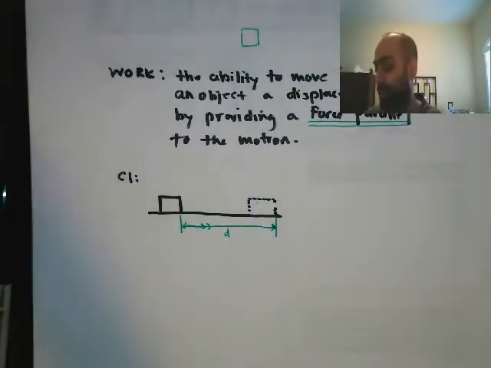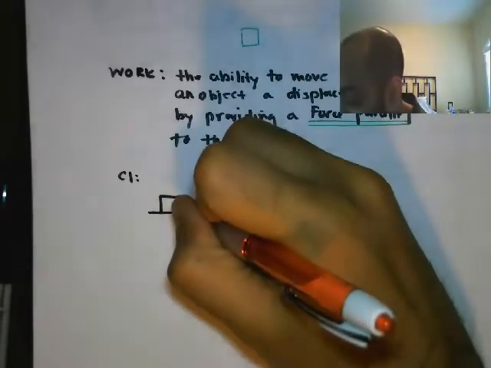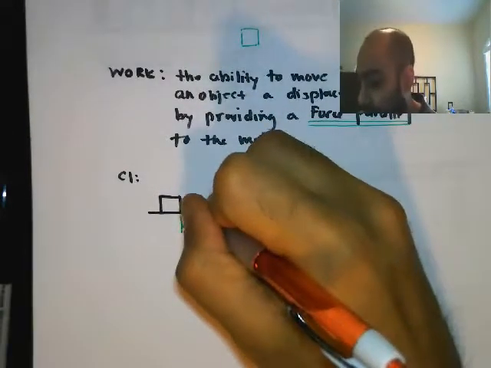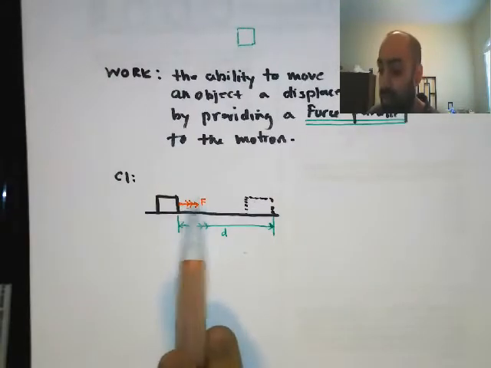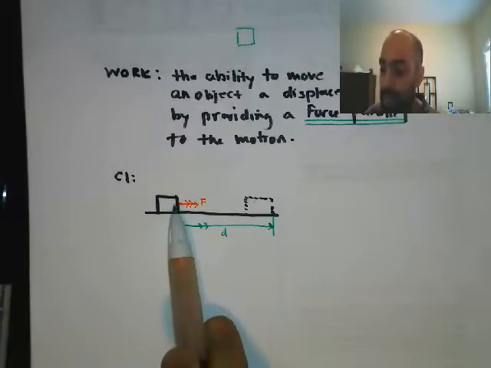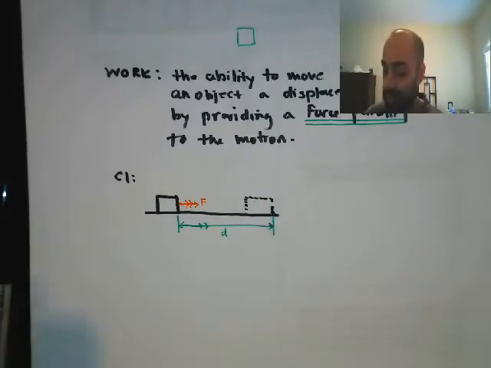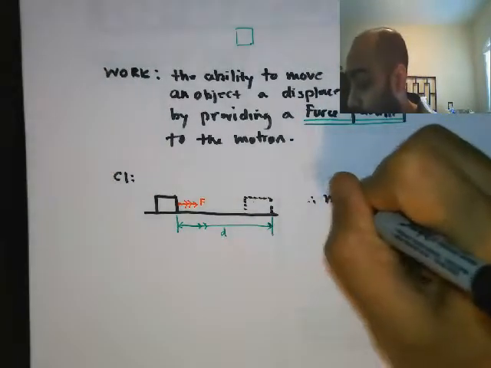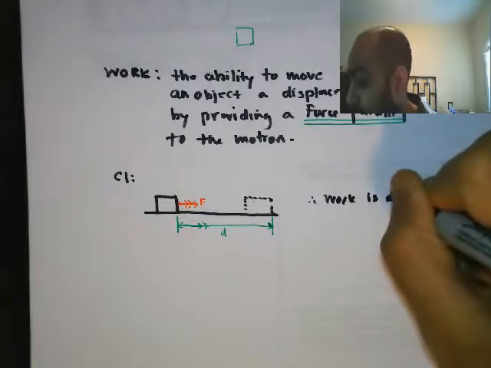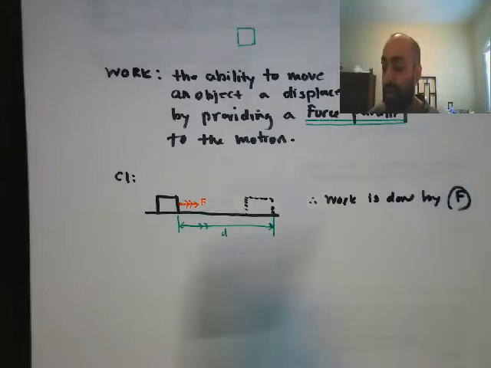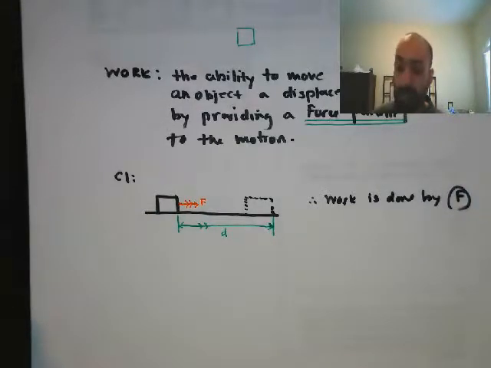And we're going to do so by providing a force. I'm going to provide a force like such. Okay? And therefore, I am providing that force to the right as well. Since this force is acting parallel to the actual motion, and the block does move from here to here, work is being done. And what happens is that therefore, work is done by F. Okay, so work is actually done by this force F.